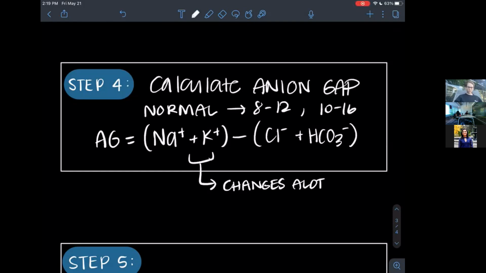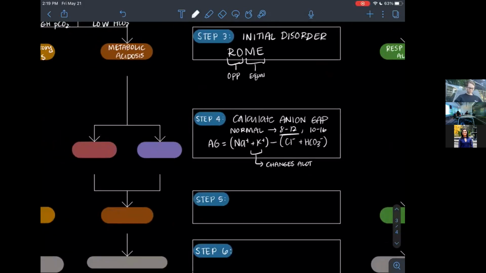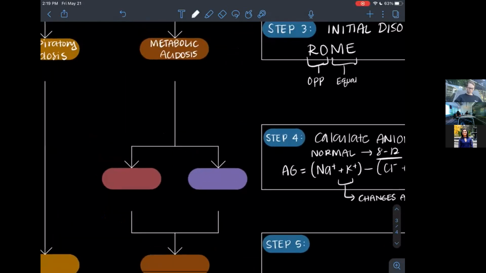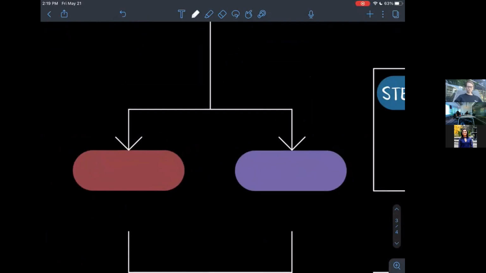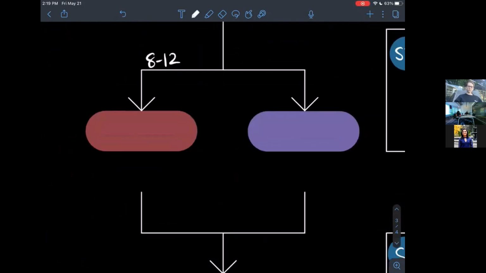So don't really worry about that. I would just worry about 8 and 12 for right now. Cool. So we're calculating the anion gap for metabolic acidosis. So let's say it is between 8 and 12. You have a normal one. And if it's above 12, you have a high anion gap metabolic acidosis.